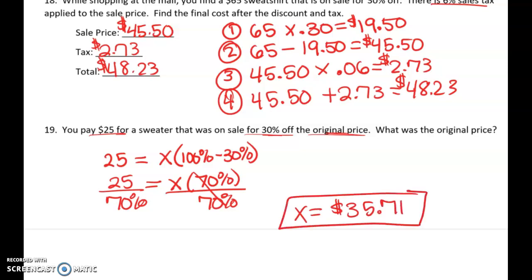Okay, so the original cost of the sweater was $35.71. And again, it makes sense because that's more expensive than the sales price, which is 25. So if you get a cheaper price than 25, that wouldn't even make sense because that's the sales price. Okay, so hopefully if you had questions, this was able to help you.